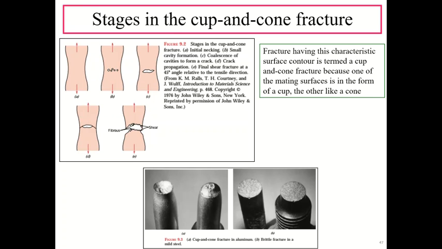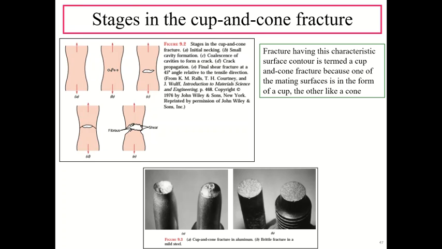Finally, in the fourth stage, a shear will take place, and this shear force will approximate at a maximum of 45 degrees to the tensile load axis. So the angle of this shear will be 45 degrees to the application of the tensile load.